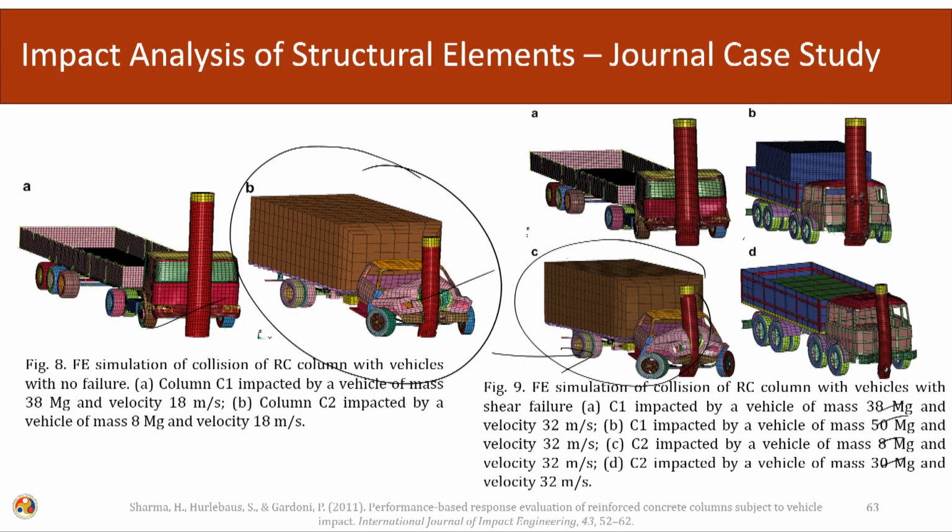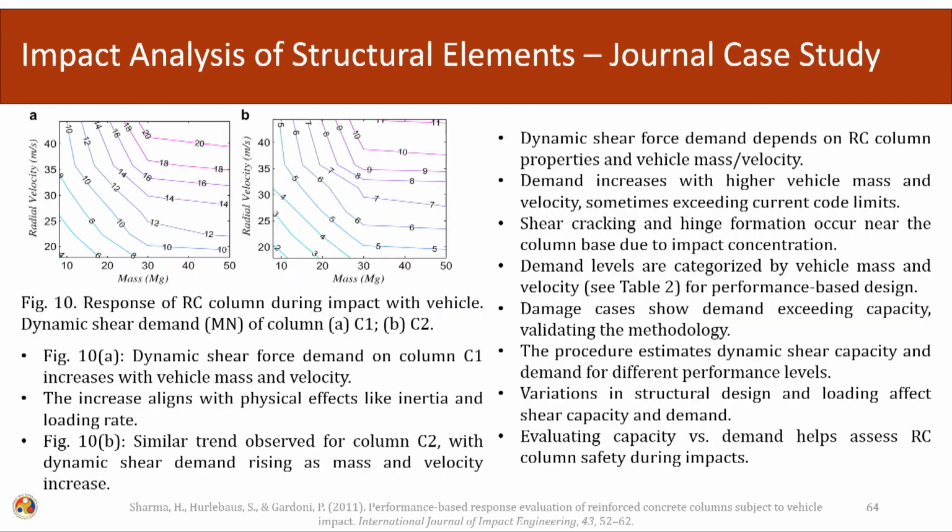These are the 4 vehicles that we took with different velocities. So, we plotted the response of the RC column. Here we are plotting the dynamic shear demand. We evaluated the dynamic capacity and the dynamic demand also. From the finite element simulation we obtained the dynamic demand and the dynamic capacity of the system.